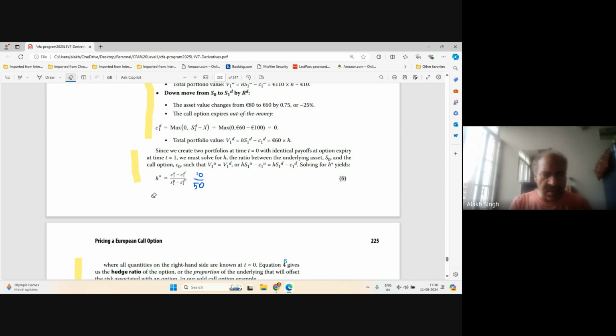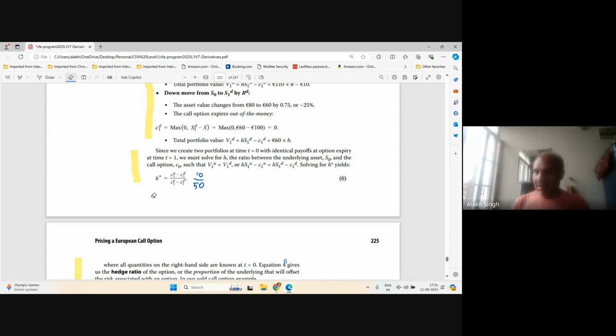So what does it mean? If we buy a call, we must sell 0.2 of our security to be risk neutral, meaning to have the same value. So if the call goes up, we lose exactly that much on the underlying because we sold it, and the net result is 0. Or if we sell 5 calls, then we must buy one security.